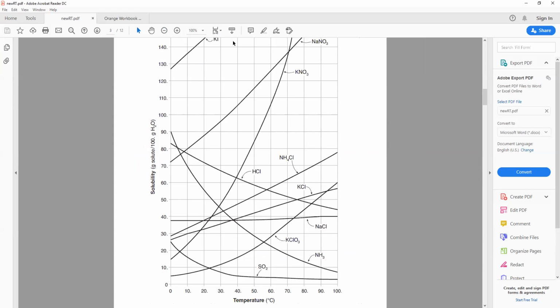Okay, so we have 60 degrees Celsius and KClO3. And our KClO3 is right here. So we're going to have to go across and find, it's going to be approximately what, 38?